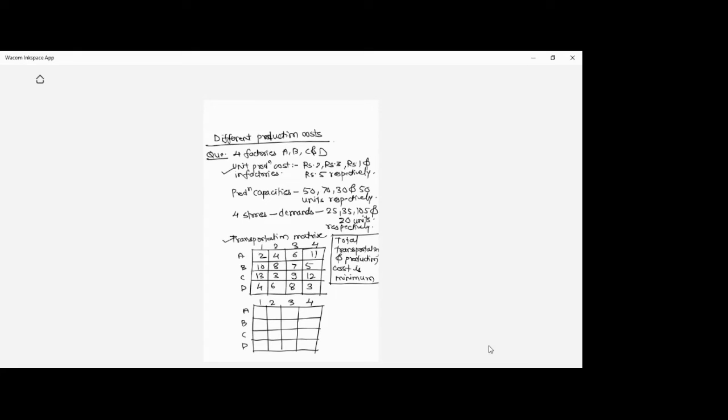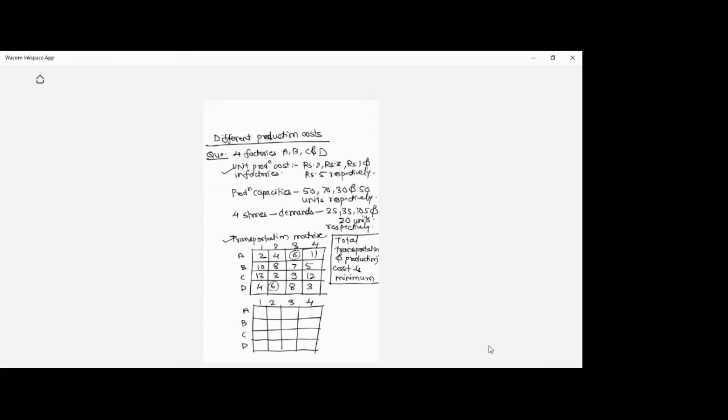For example, the unit cost of transportation from factory A to store 3 is 6, and from factory D to store 2 is 6.